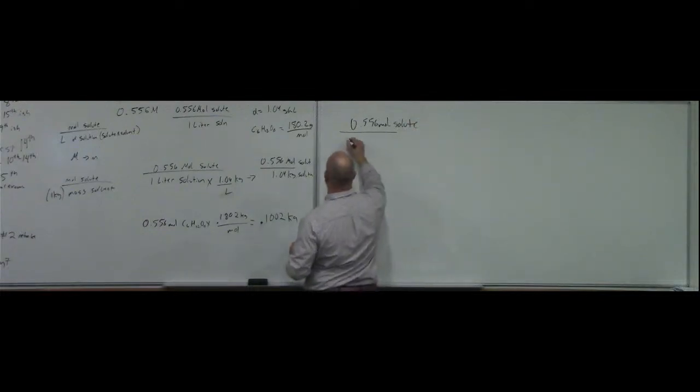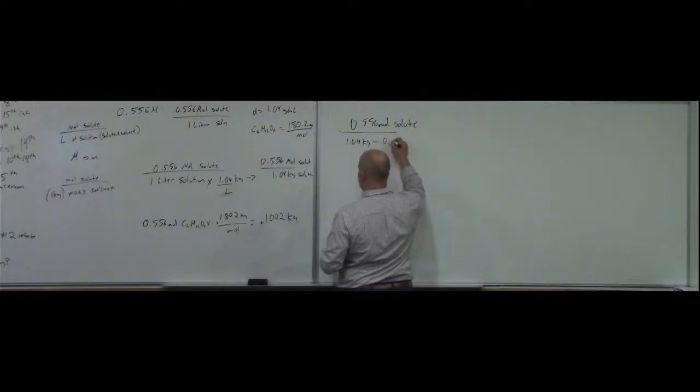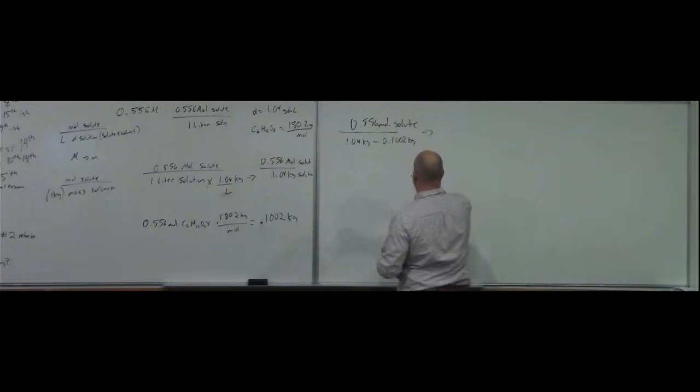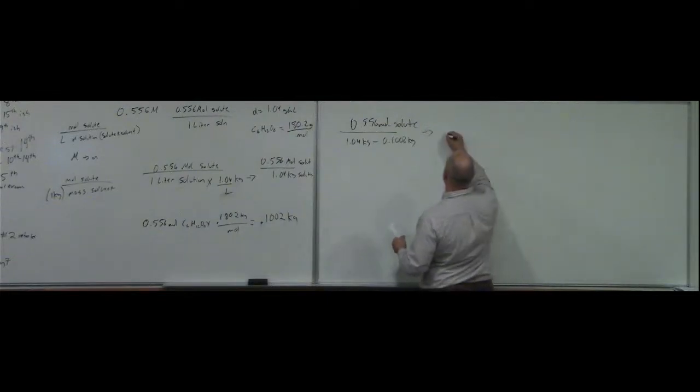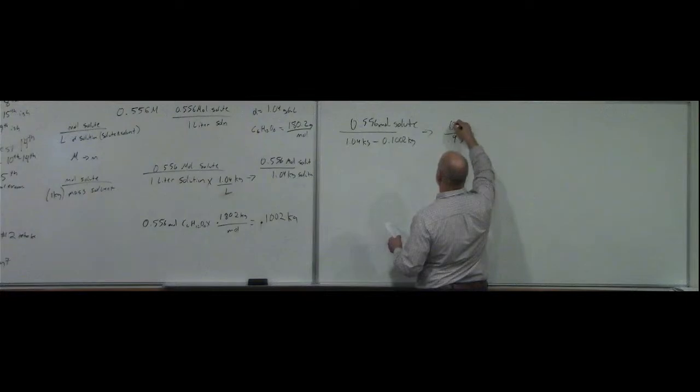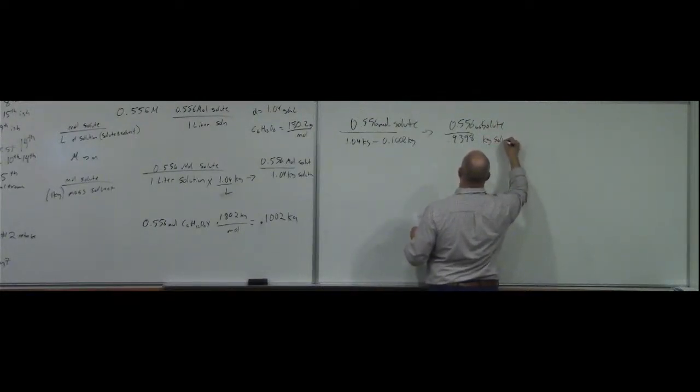When I take my 1.04 kilograms and I subtract 0.1002 kilograms from it, I get 0.9398, right? So now, this is moles of solute. This is kilograms of solvent.